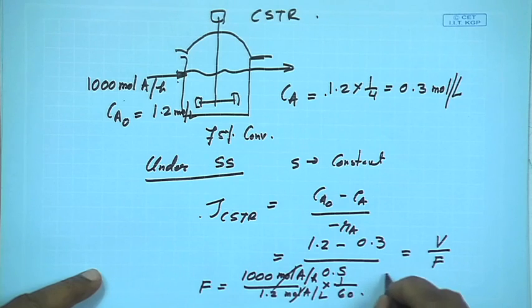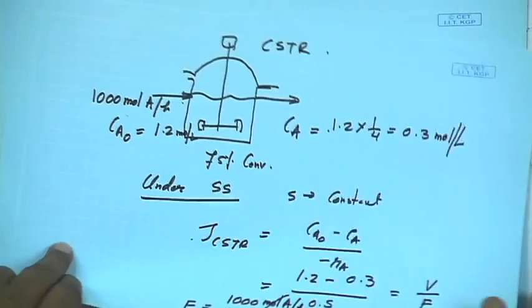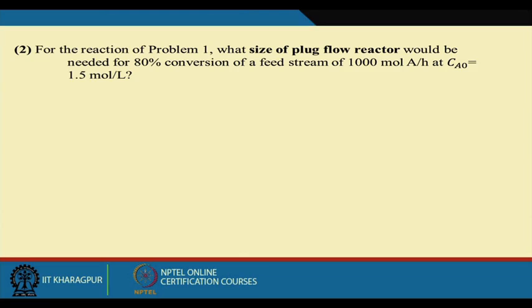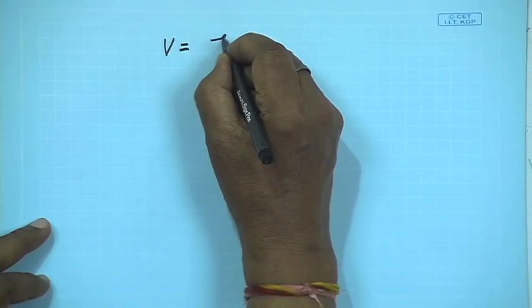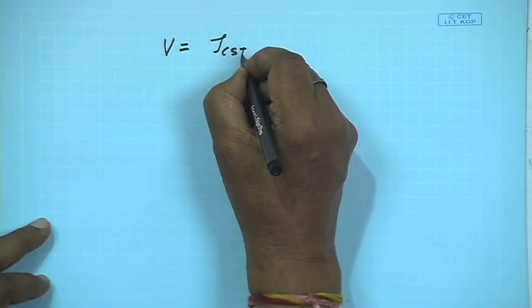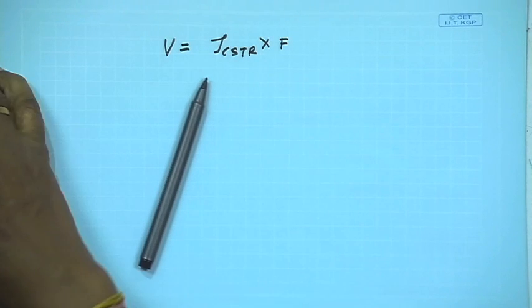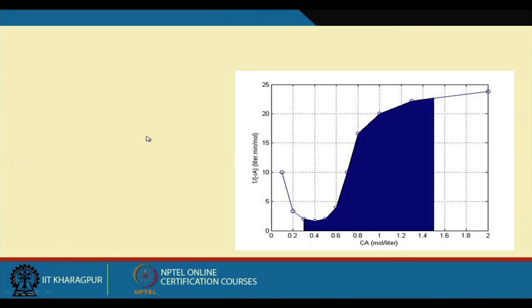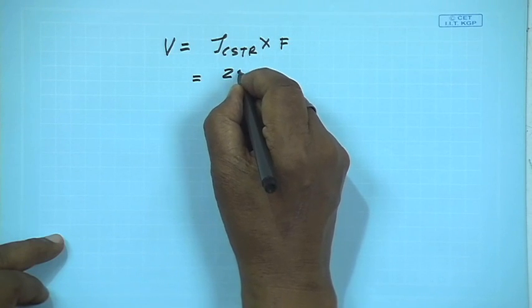So, you can have liters per minute. After this calculation, we can find out the volume of the reactor, which is equal to tau CSTR into F. Here we did the calculation and we find this is about 25 liters.